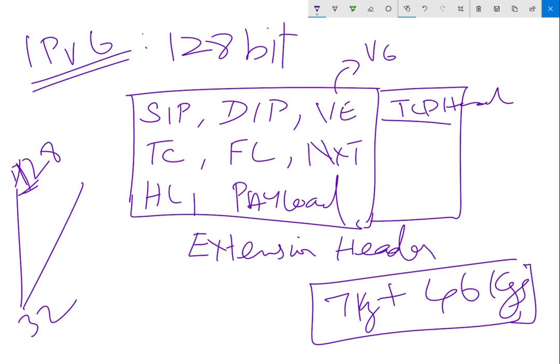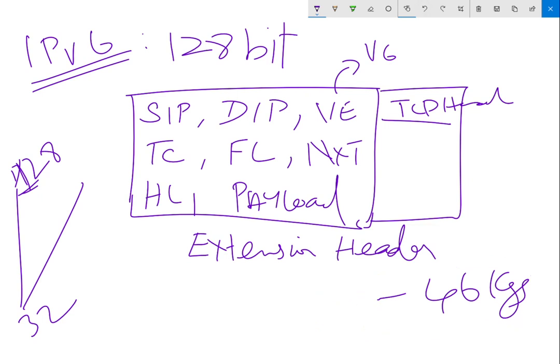So imagine placing 52 kgs in your overhead cabin, it is going to be a nightmare, isn't it? So that is what is happening in IP version 4. Whether you use it or you don't use it, the header of IP version 4 has all the information within it, whereas in IP version 6 it is not the case. They have only the basic things which are required.